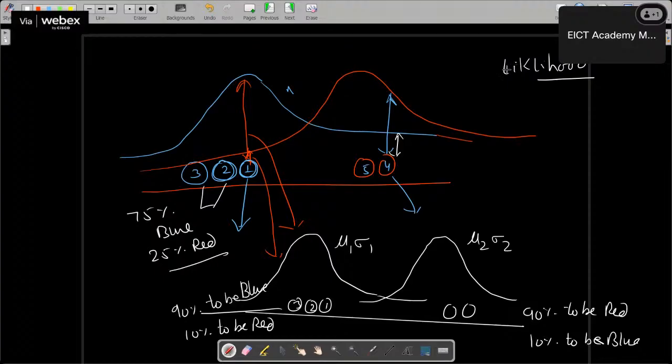And the last one: what amount of movement do we need to shift the distribution?